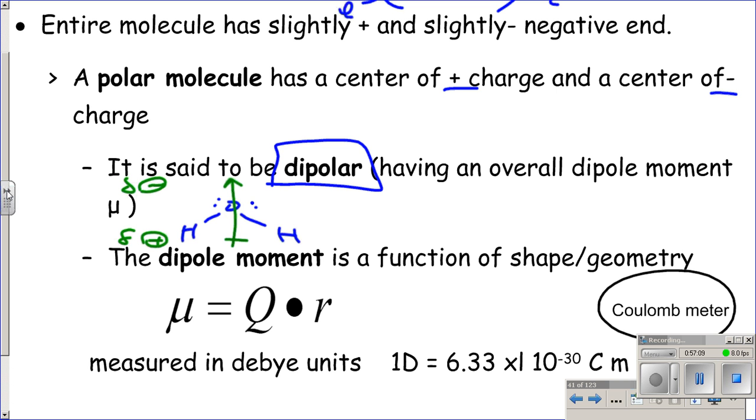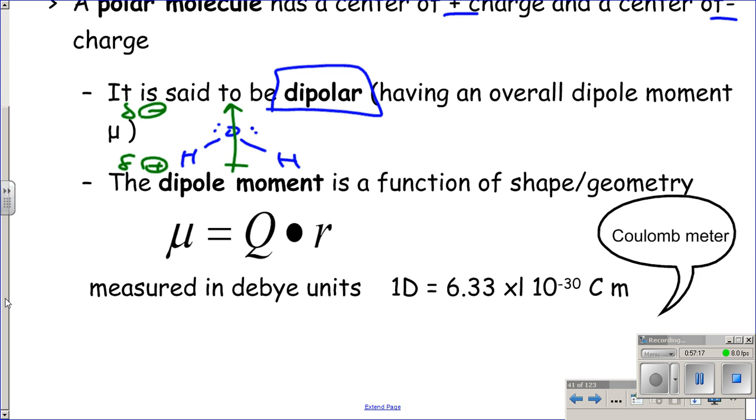I'm not drawing it on a specific bond, I'm drawing it on the molecule. The molecule's dipole moment is a function of shape, geometry, and distribution of electrons. Don't worry about this formula, but sometimes you'll see a unit of Debyes. Debye units are the dipole moment unit.